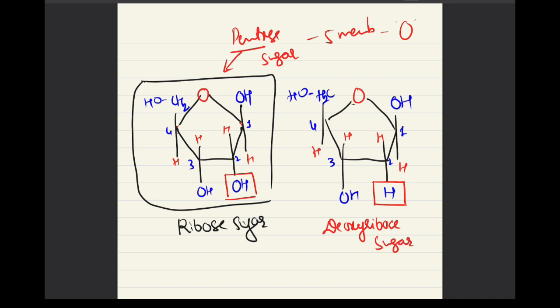Thus we can draw the structures of any given nitrogenous base and pentose sugar. Don't worry about the question. First we will understand and we will practice to draw the structures, so we can be able to draw any given structures or any given component of the nucleic acid.